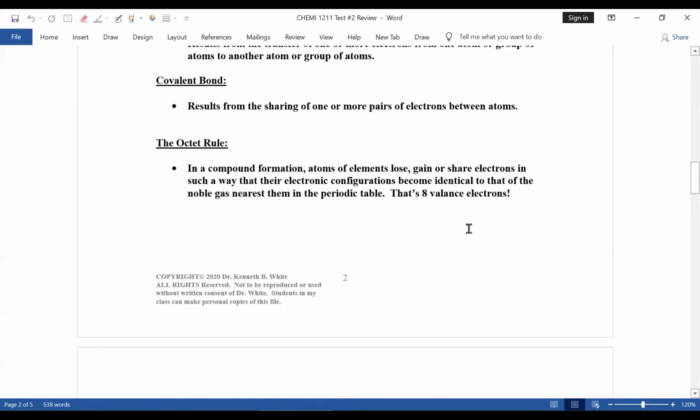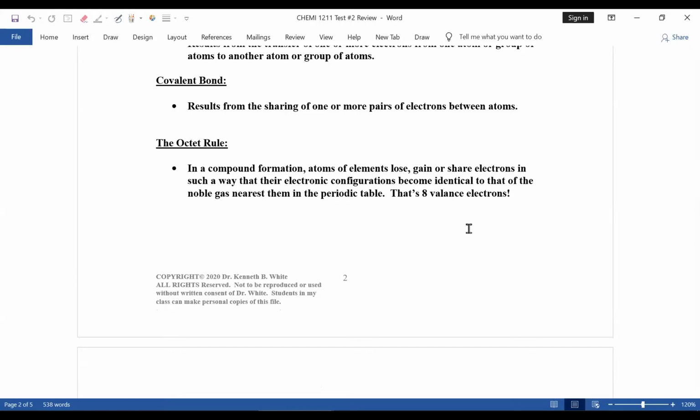Now, important thing I'll never ask you on a test, but the octet rule: atoms of elements lose, gain, or share electrons in such a way that their electron configuration is identical to that of the nearest noble gas in the periodic table.